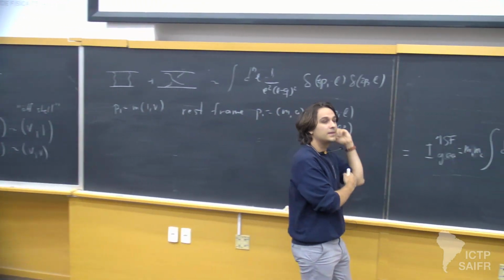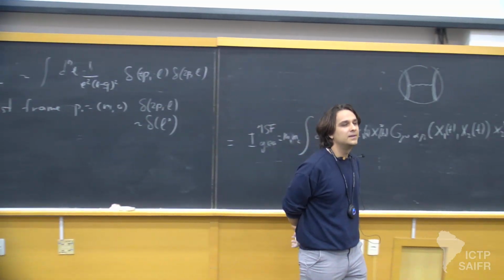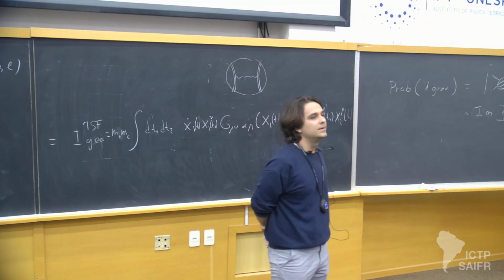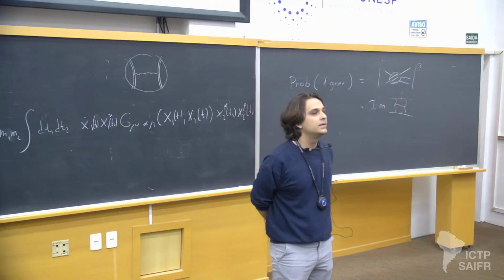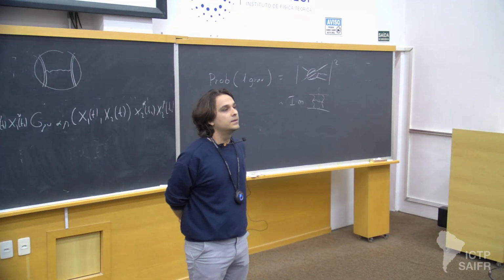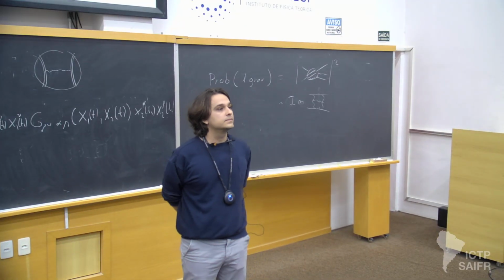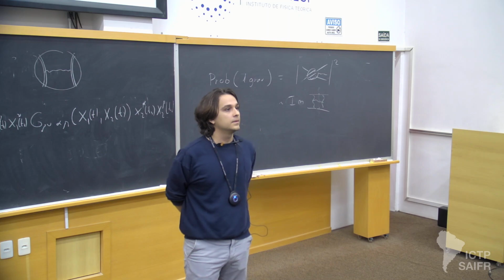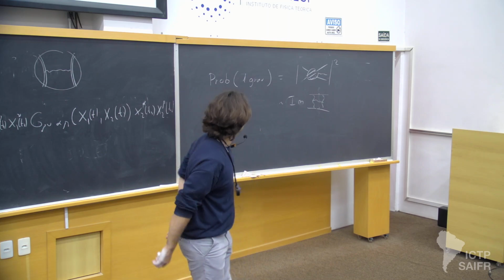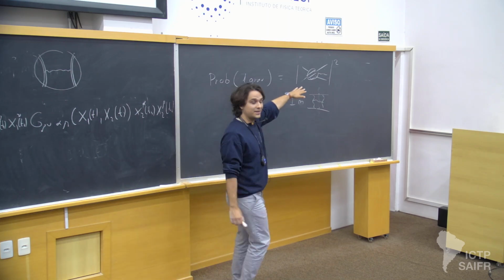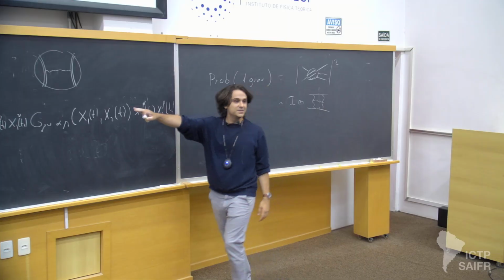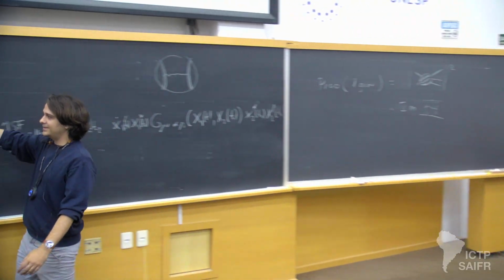Sorry, but couldn't it be simple that if the graviton escapes and you can compute the diagram, then by definition, since you're computing with an escaping graviton, that is radiation or not? Yeah, so there will be diagrams where there is radiation, not this one. In this one, there is no radiation.